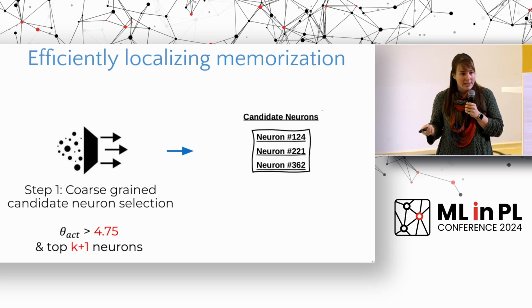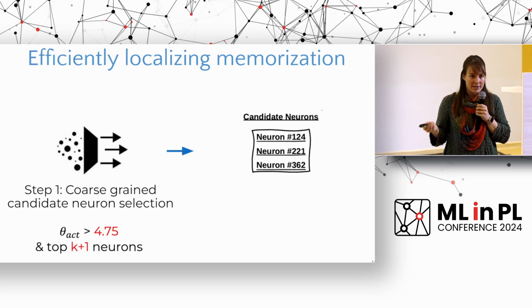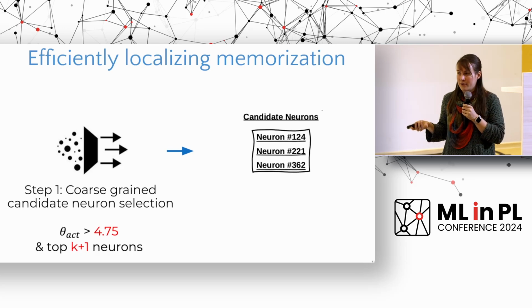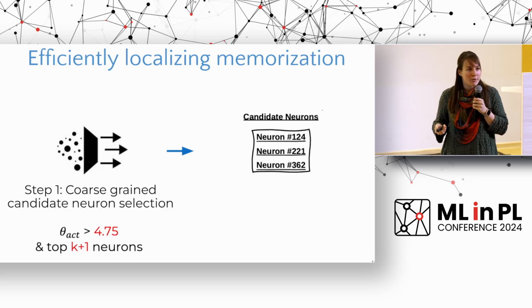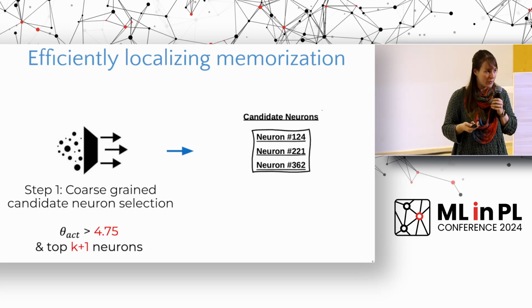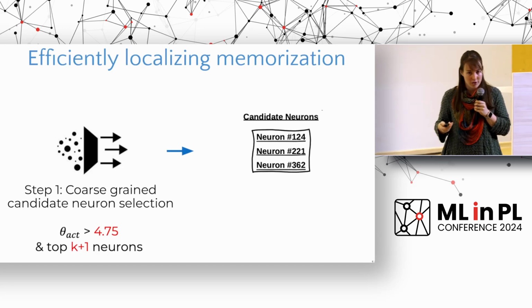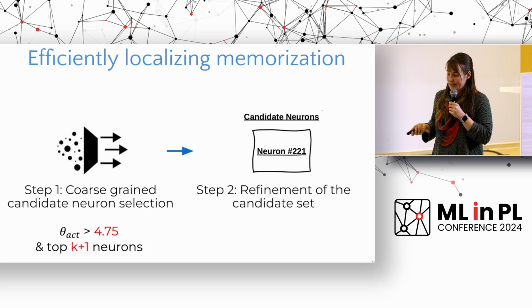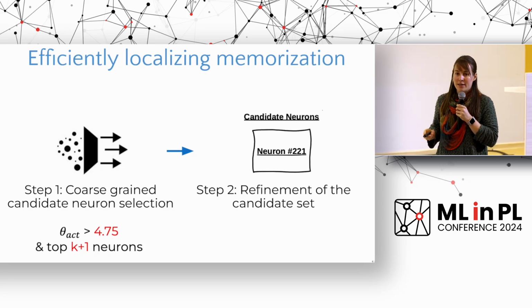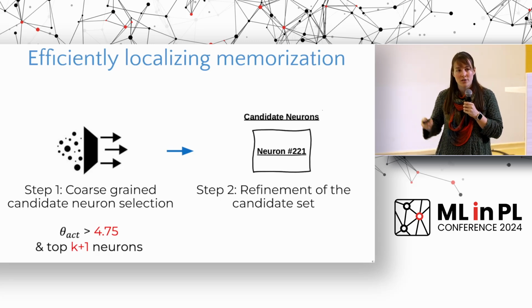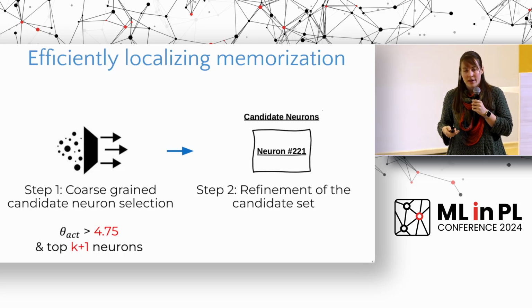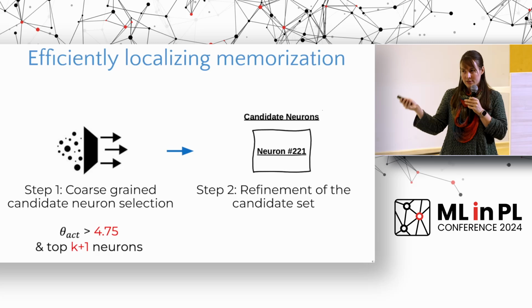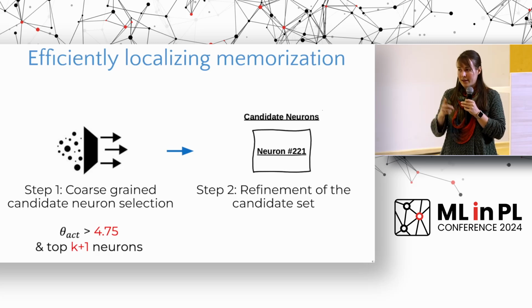Now the problem is that the candidate set is still relatively large. It can be even up to 100 neurons. And of course, if we were to zero out all of them, we would harm the performance of our diffusion model. So we now do a refinement step, where we want to find out which of these neurons really form the core set of our memorizers. How we do that is, we have all these neurons zeroed out, and then layer by layer we go and switch them back on.